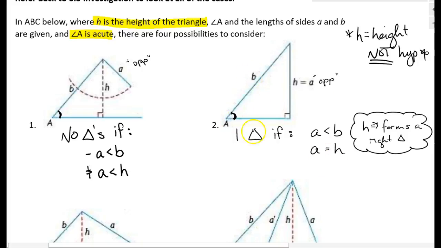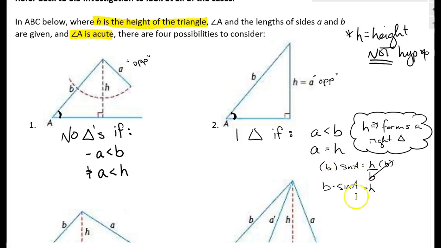So we're just looking at B and our angle. We would take sine of A equals H over B. So we can solve for height by doing our other side multiplied by sine of our angle. Okay, so that is one way of setting this up to check for your height.